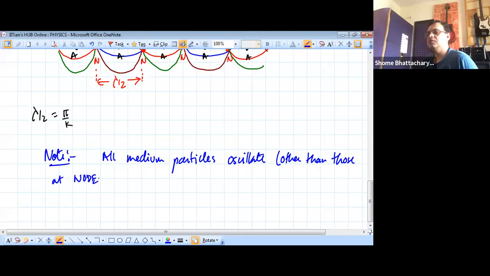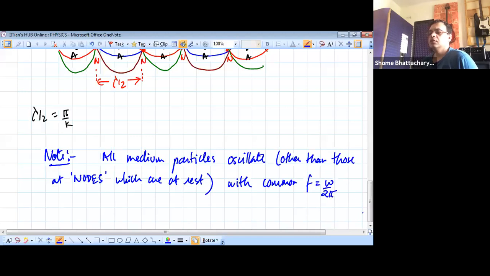The particles at the nodes experience complete rest, always in a state of rest. Other than that, all medium particles oscillate with a common frequency, omega by 2 pi, and variable amplitude.